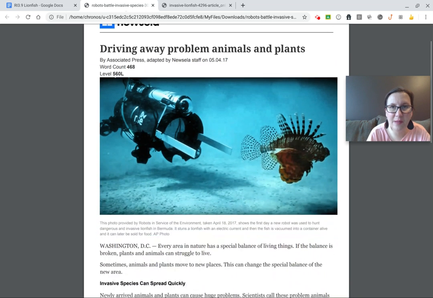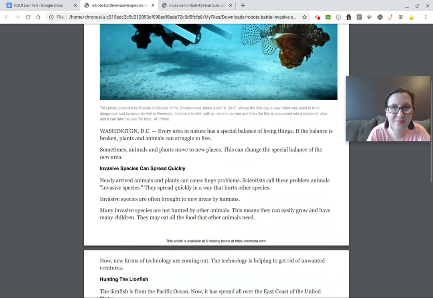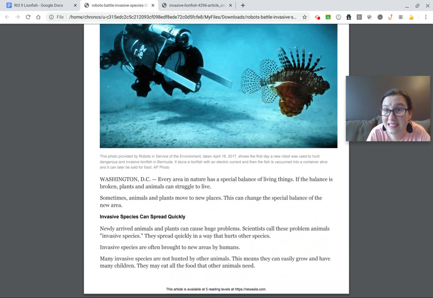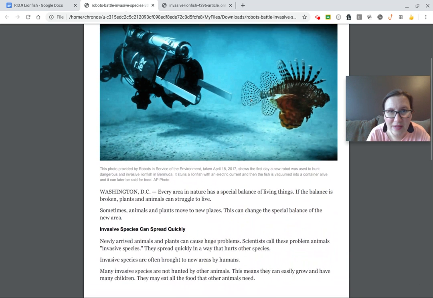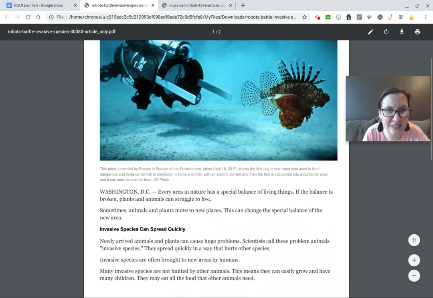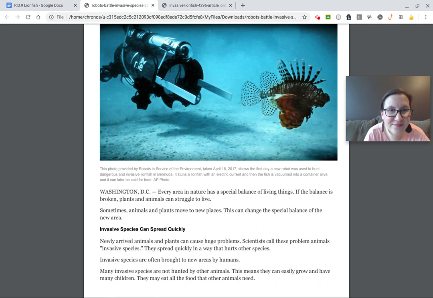All right, driving away problem animals and plants. Let's look at the photo. Hey, that's a lionfish, isn't it? I don't know what in the world this crazy looking contraption is. Let's see. This photo, provided by Roberts in Service of the Environment, taken April 18th, 2017, shows the first day a new robot was used to hunt dangerous and invasive lionfish in Bermuda.